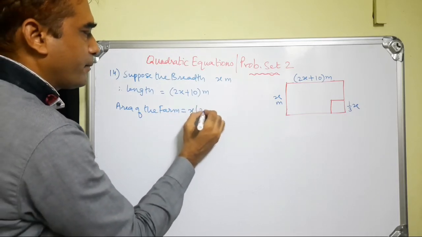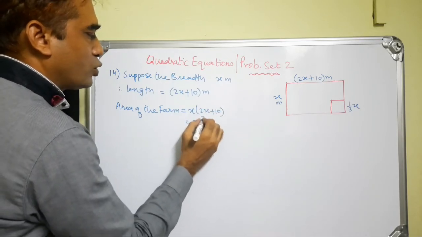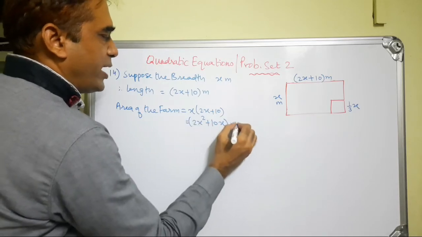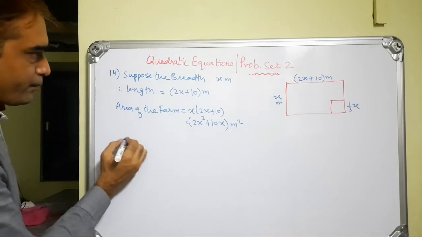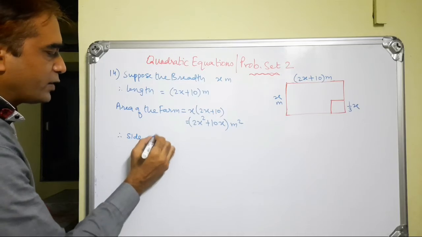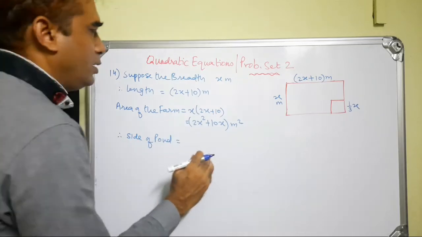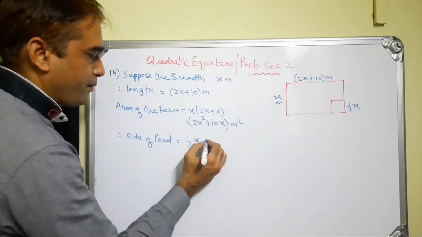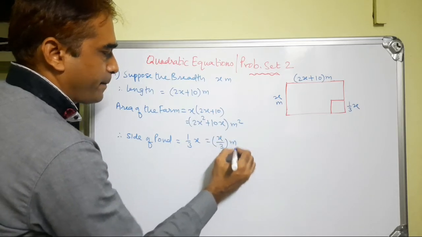So x in the bracket 2x plus 10, and that is 2x square plus 10x square meter. This is the area of the farm. What is the side of the pond? 1/3 of the breadth, so this will be 1/3 x, or we can also write x upon 3 meters.